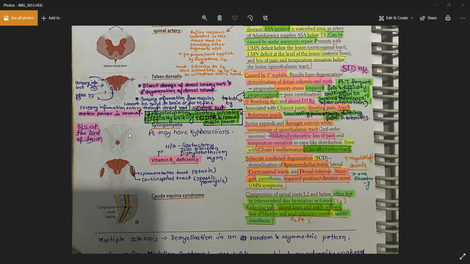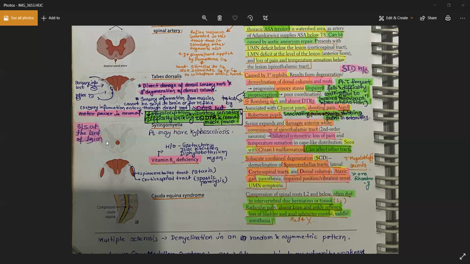So at the very initial stage, because you're having a damage to the sensory fibers for pain and temperature specifically, you will have a loss of pain and temperature bilaterally. And at that time, the patient will always present in that condition. They will have the loss of senses bilaterally in both the hands. They cannot feel pain, they cannot sense temperature.